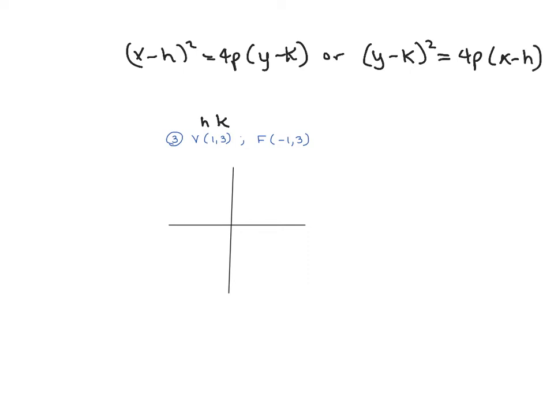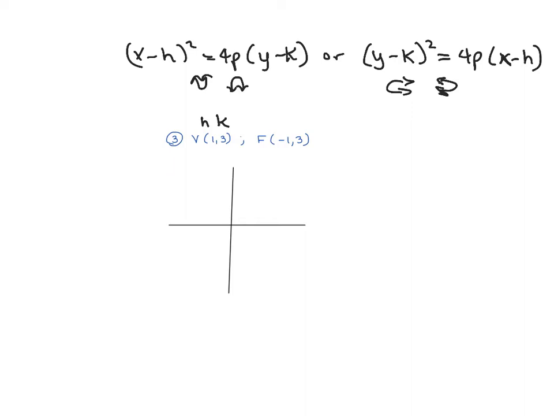Remember, x is always with h, k is always with y. So again, this one is the up and down. When 4p is positive, it's up. When 4p is negative, it's down. And then this is the C when 4p is positive, and this is the backward C, opening to the left, when 4p is negative.